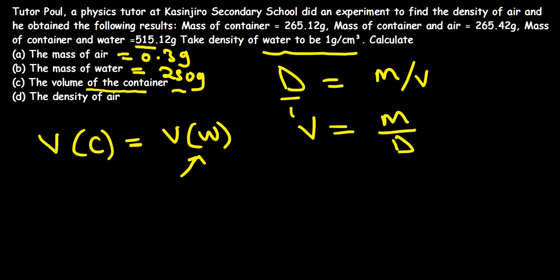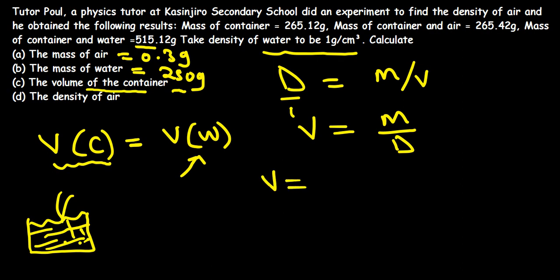So we're finding the volume of the water, which will be equal to the volume of the container. Because if I have a container here and then I put water there, that water will fill up this container. So the volume of this container is the same as the volume of water. The mass of the water we found was 250 grams from the previous question.